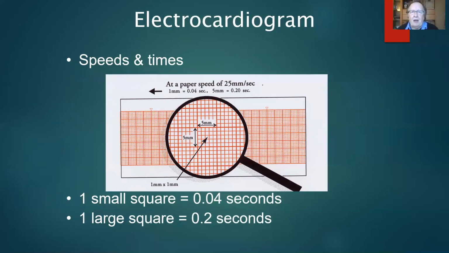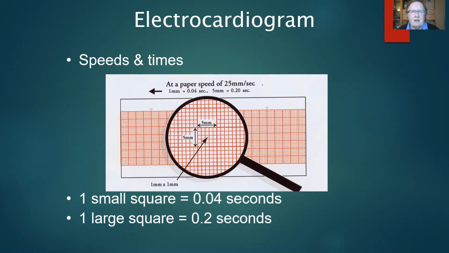When we look at the paper, vertically is the amount of muscle mass that's being used, the amount of muscle that's moving. Horizontally is time, the time something takes to happen. That's important for us later on, so it's important to remember what those little squares are about.